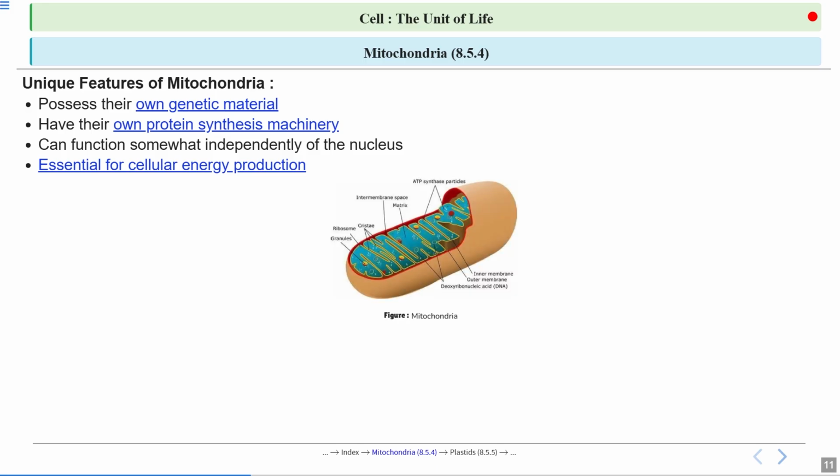This is the image showing you mitochondria. You can see here this is the outer membrane, this is the inner membrane. Mitochondria has its own DNA, deoxyribonucleic acid. It is circular DNA. Then you can see it has its ribosomes also. These are the cristae, which are the foldings of the inner membrane. This is the matrix, which is the inner compartment.